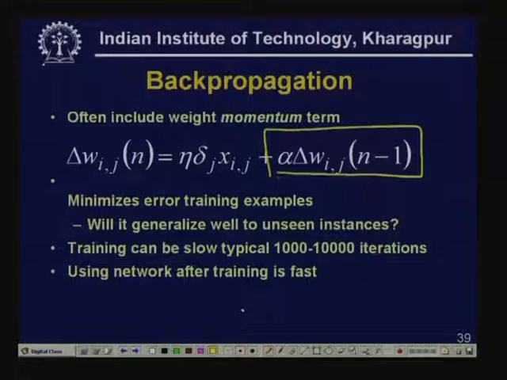Sometimes, because there is a local minimum, as a result of backpropagation, the system may have a tendency to get stuck in the local minimum. So, this is a local minimum, and there is scope of going further down in the error surface.